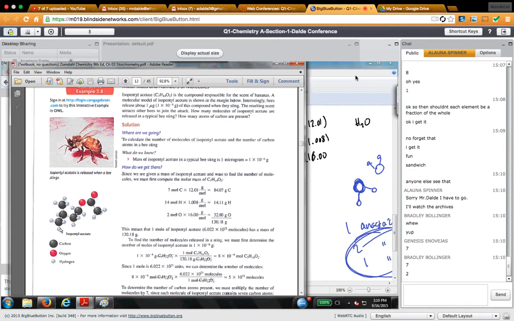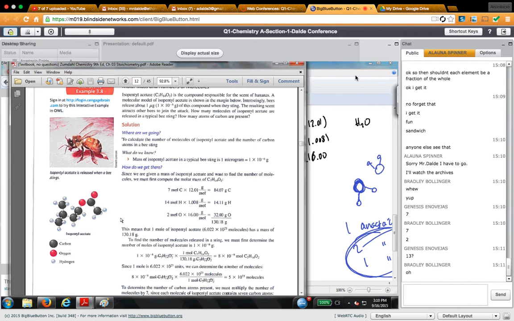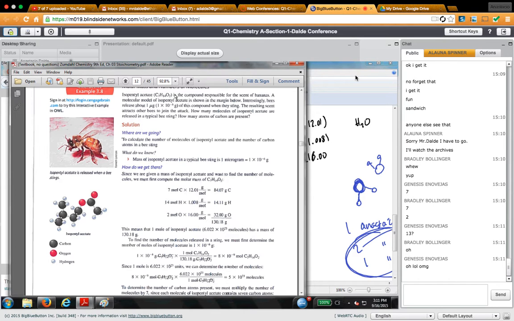The hydrogens are the white ones. I see, 13 or 14. There's one hiding right behind here. There's actually 14. You can tell because it's C7H14O2. All right, and then how many oxygens? Those are the red ones. Yeah, there's 2. Got it.